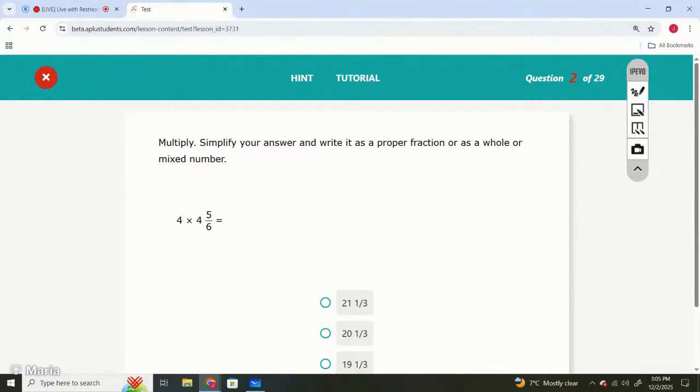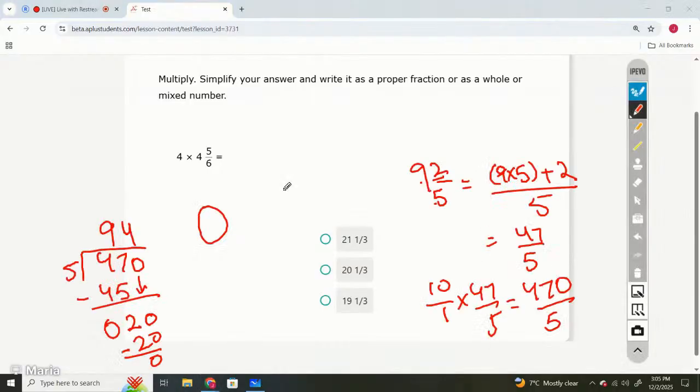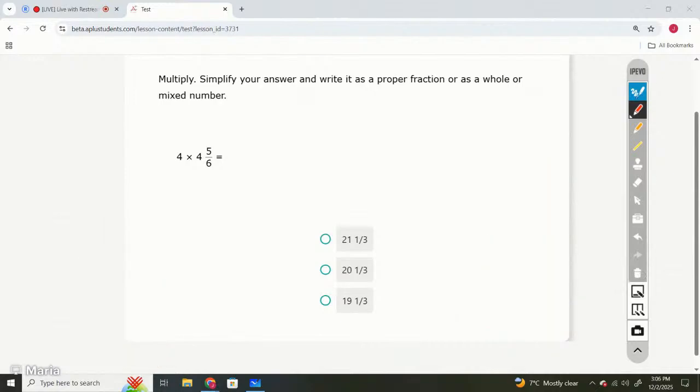Multiply 4 times 4 whole 5 by 6. So first convert this mixed number to an improper fraction, 4 whole 5 over 6, right?